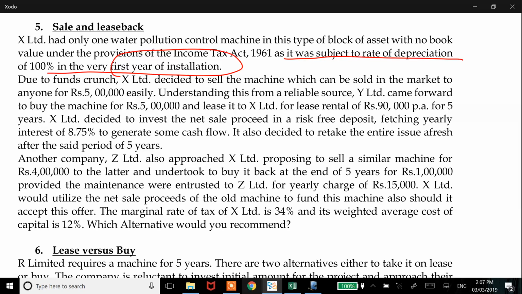Point number 2, the company will claim a depreciation of 4 lakhs in year 1.